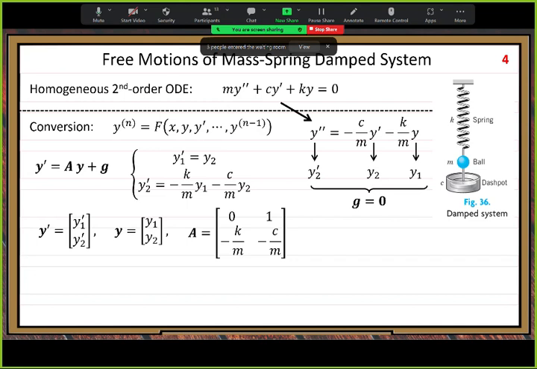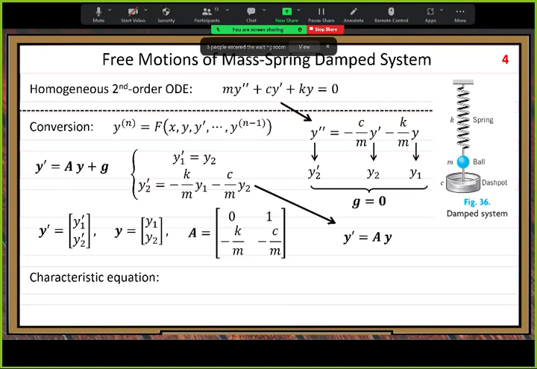So when the G vector equals 0, we have a homogeneous linear system. So it's a homogeneous first order linear system.